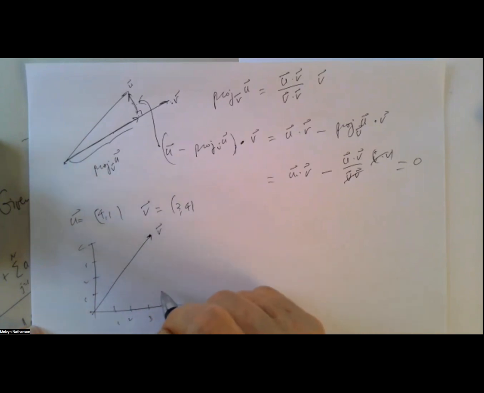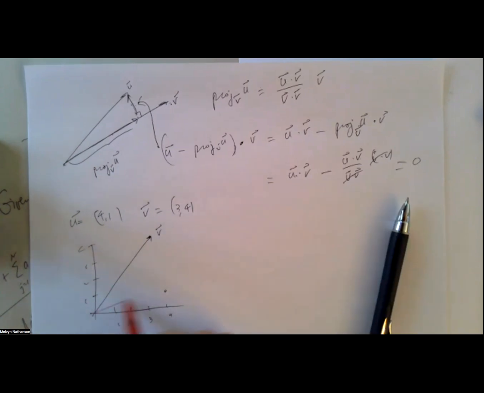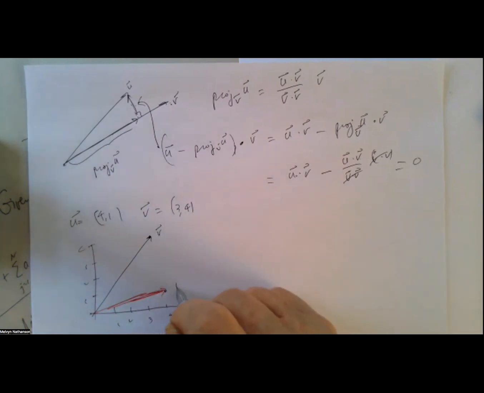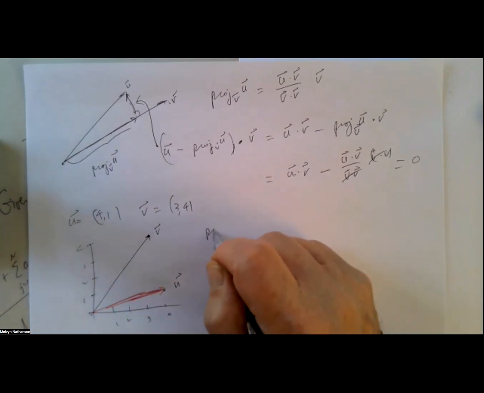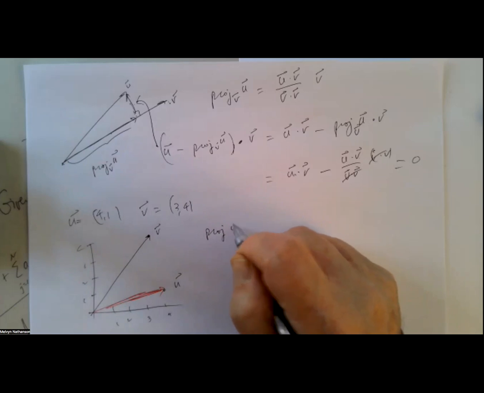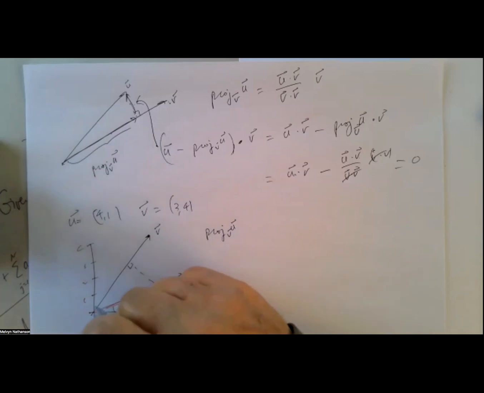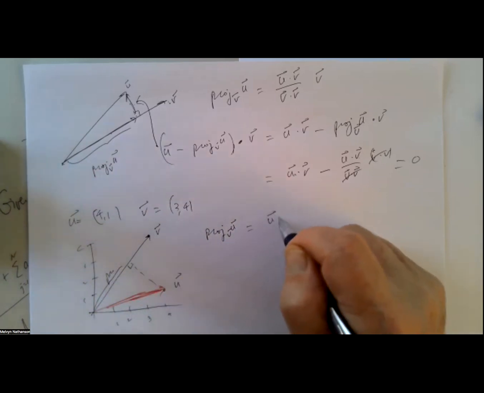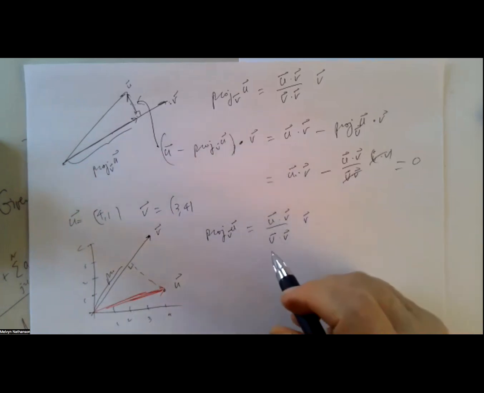The vector U, 4, 1, is over here. And what is the projection of U in the direction of V?